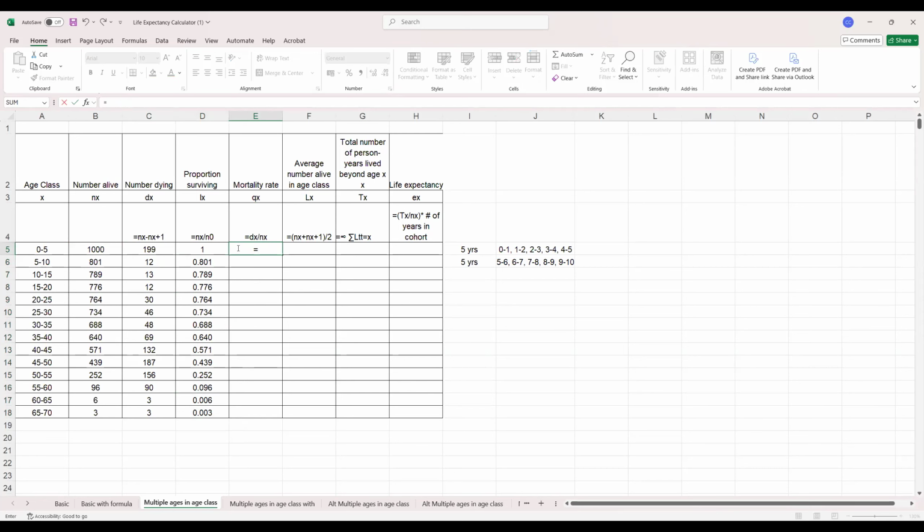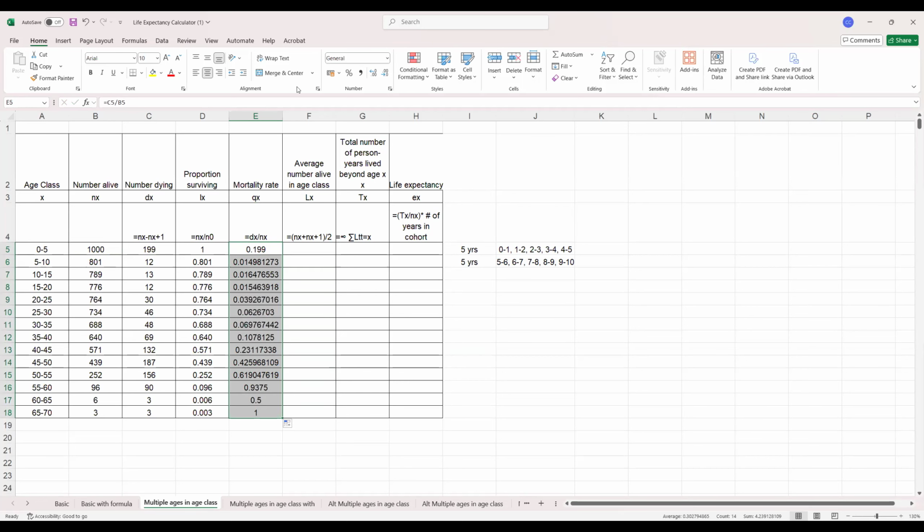Mortality rate, gaano karami yung namatay, d sub x, divided dun sa dami ng buhay for that age class. So, gaano karaming namatay, 12, divided gaano karami yung buhay for that age class. And then again, pwede natin i-copy-paste. Control natin yung dami ng decimal places.